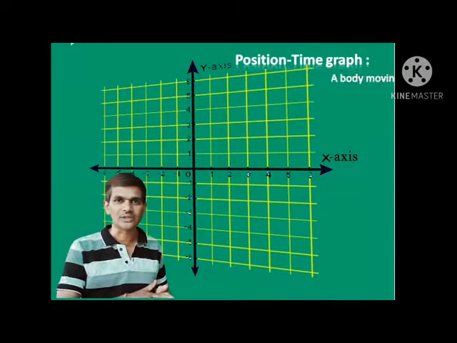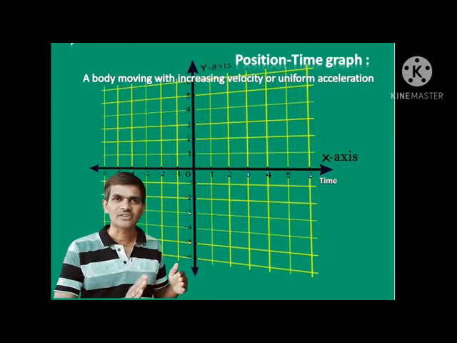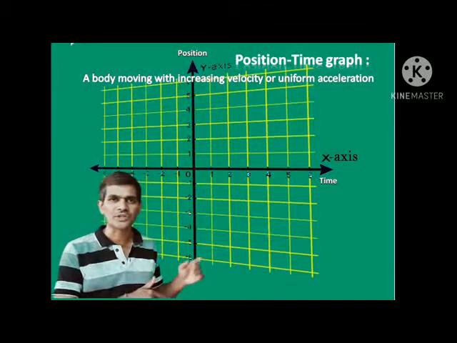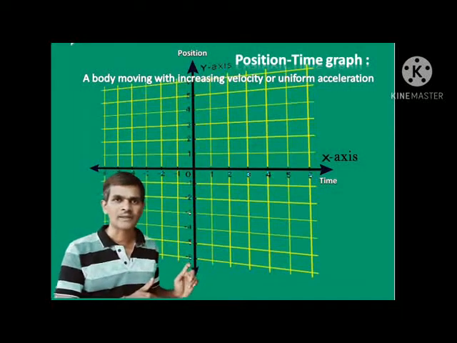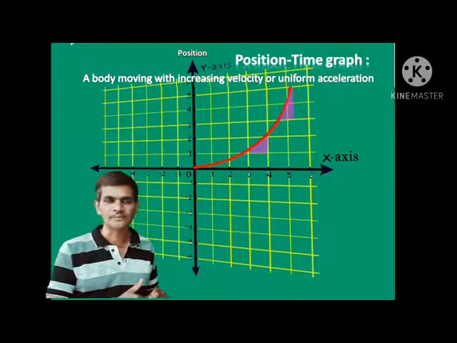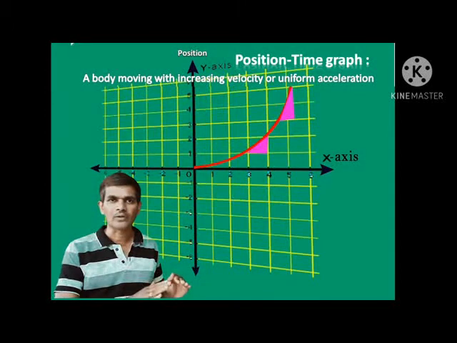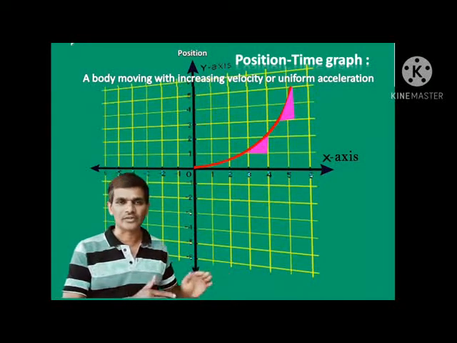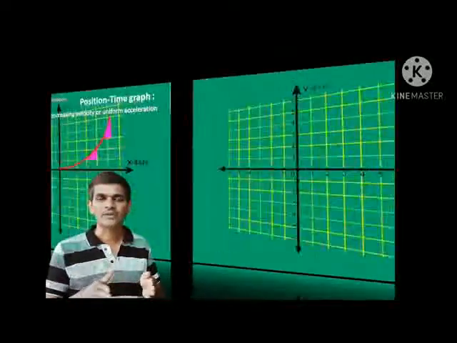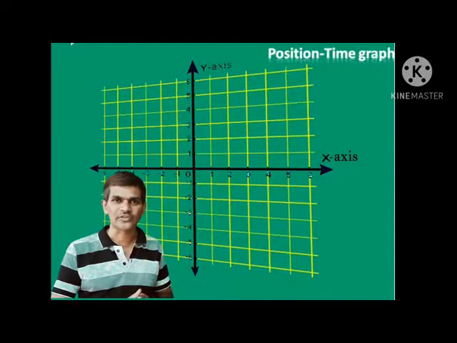Next, the position time graph for an increasing velocity or accelerating body. For a body which is accelerating, its velocity keeps increasing, so the position time graph is shown as a curve with a positive slope. Similarly, what is the position time graph for a body moving with decreasing velocity?